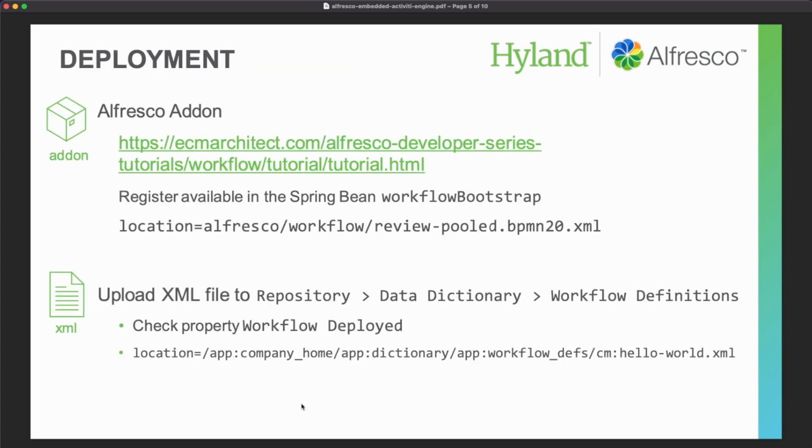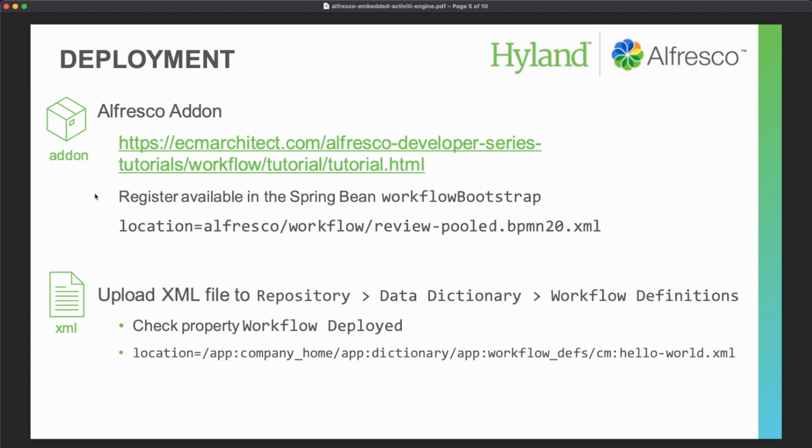And if we move to deployment, as I said before, you can use an Alfresco add-on. This is described by Jeff Potts in this Alfresco Developer Series tutorial. So this is a good tutorial in order to create your workflow by using this approach. Mainly, we are registering the workflow on the Spring Bean Workflow Bootstrap with a location of the definition of the process.